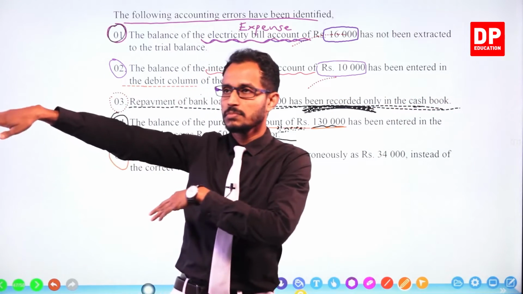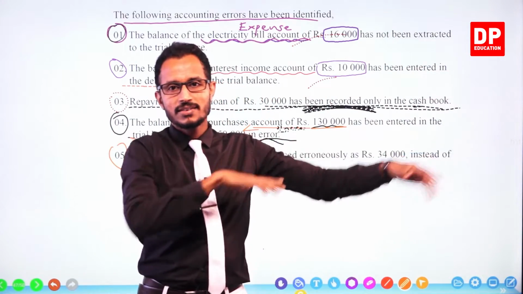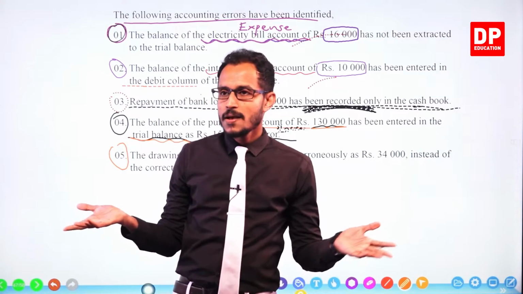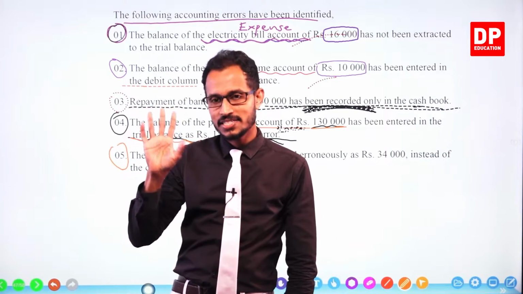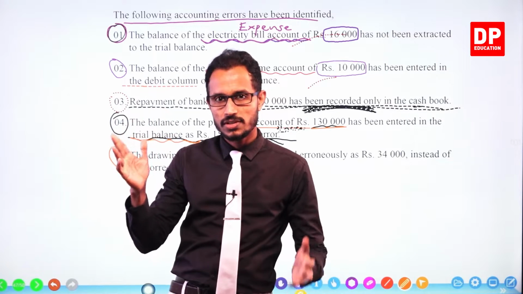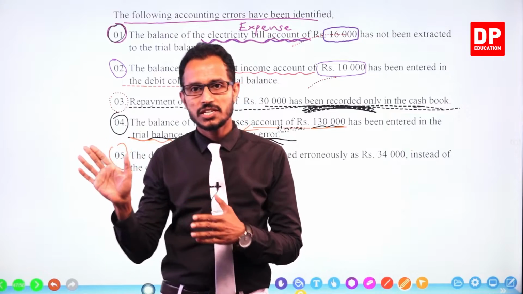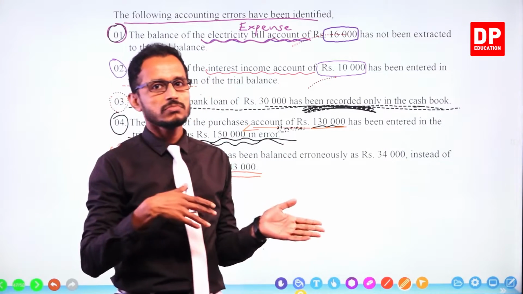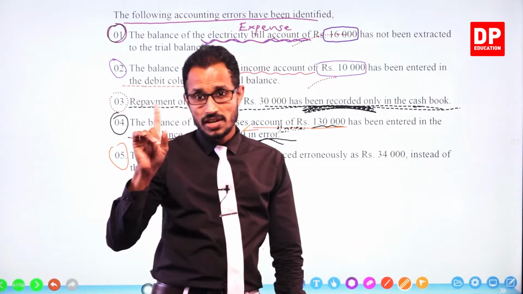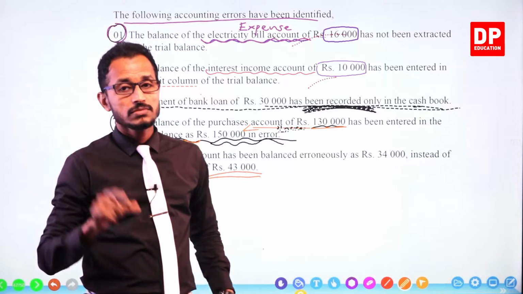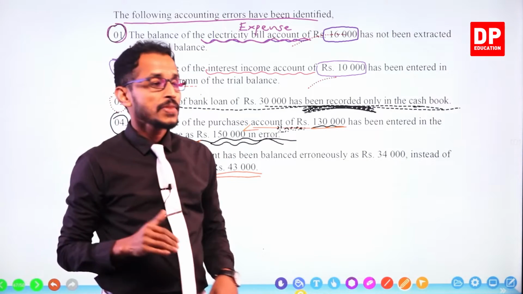There are three ledgers, children. That's called division of ledger. The ledger accounts are divided into three sections, but it's not relevant to you at your O-level standard.